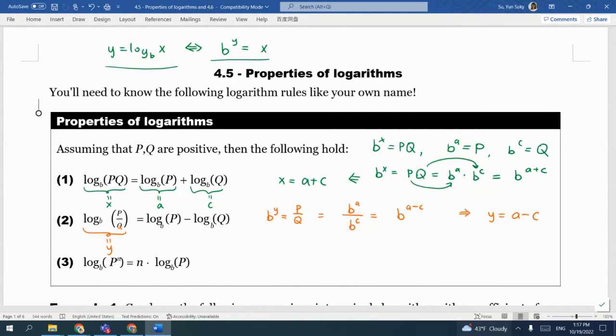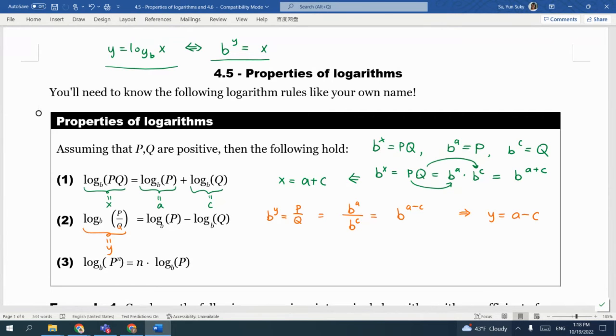This tells us that the log breaks the products into sum, and the log breaks the quotient, or the fraction, into subtraction. Is that okay, everybody? All right, keep going.